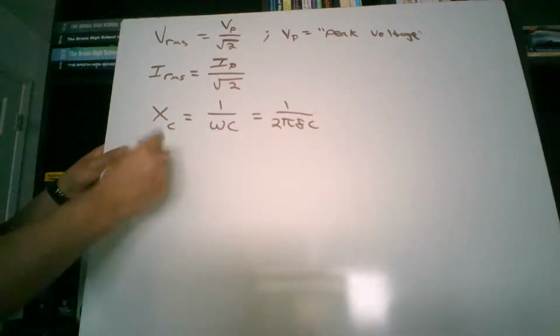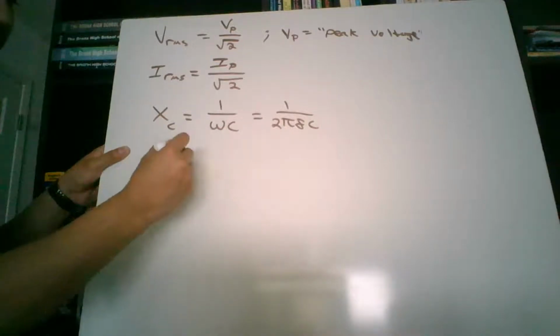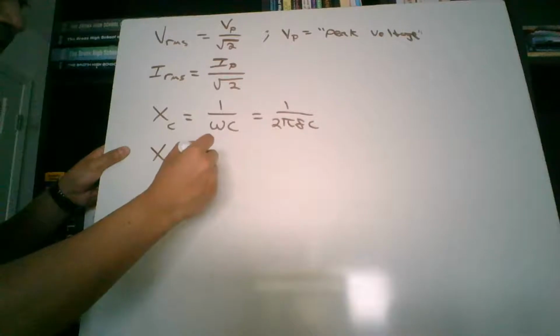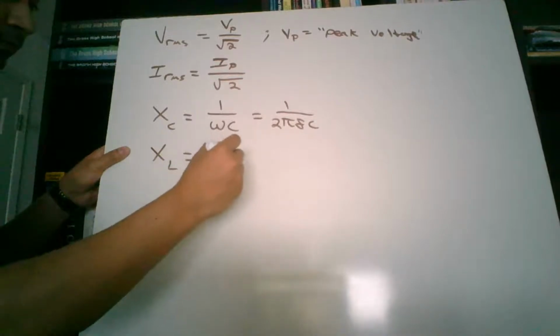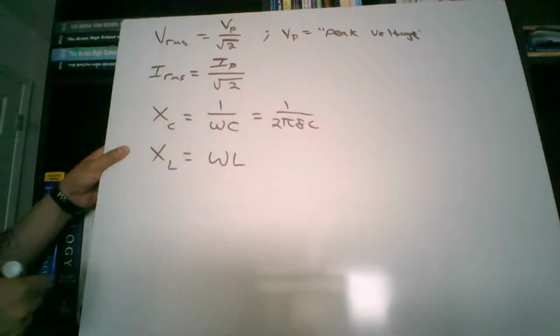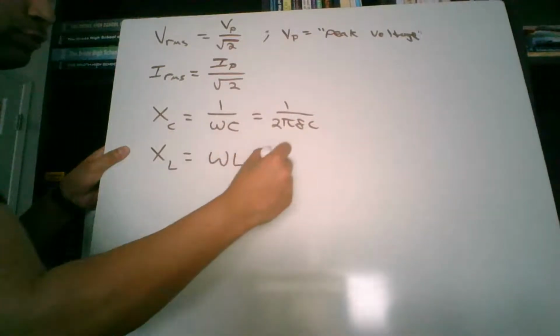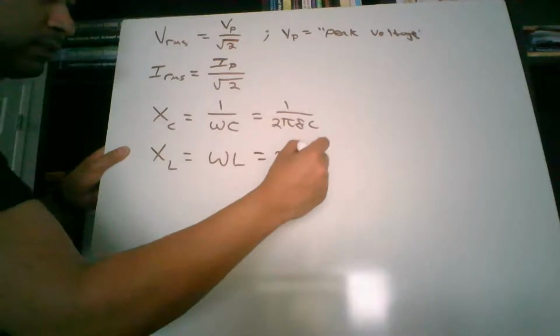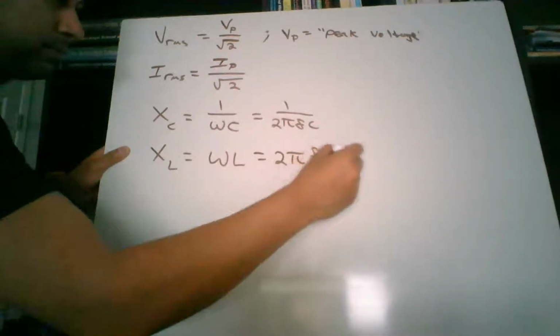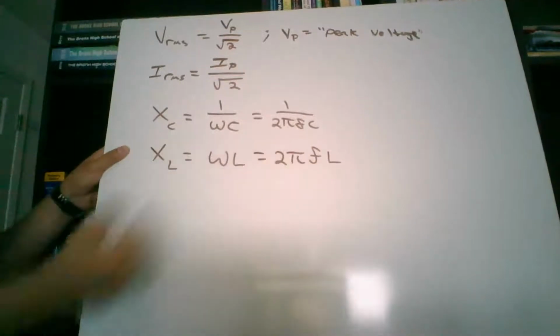Then we have the inductive reactance, and that's equal to omega times L, or we could say 2 pi times frequency times L. So this and L are proportional.